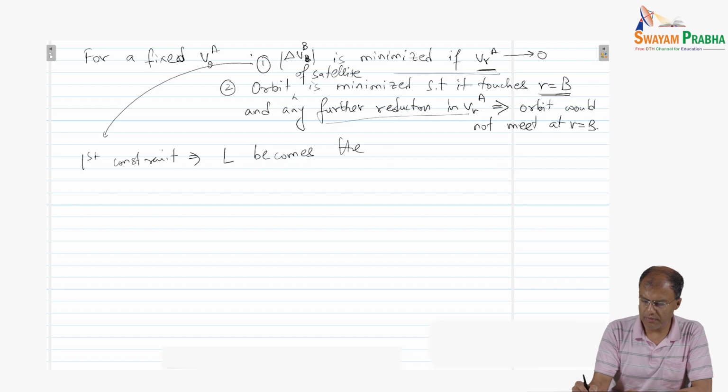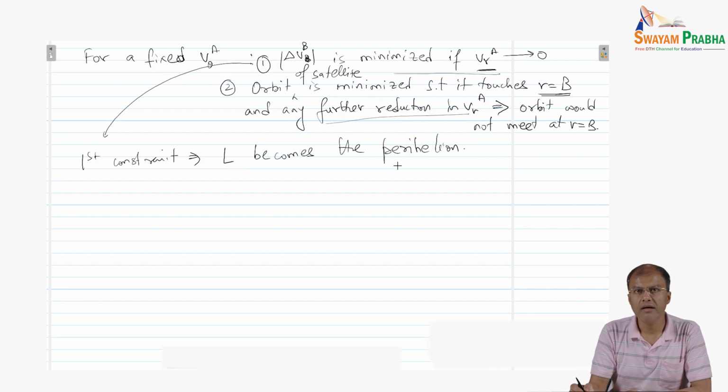Which means that the point of liftoff is at the closest approach, that is the distance of closest approach to the sun, where the planet is orbiting.